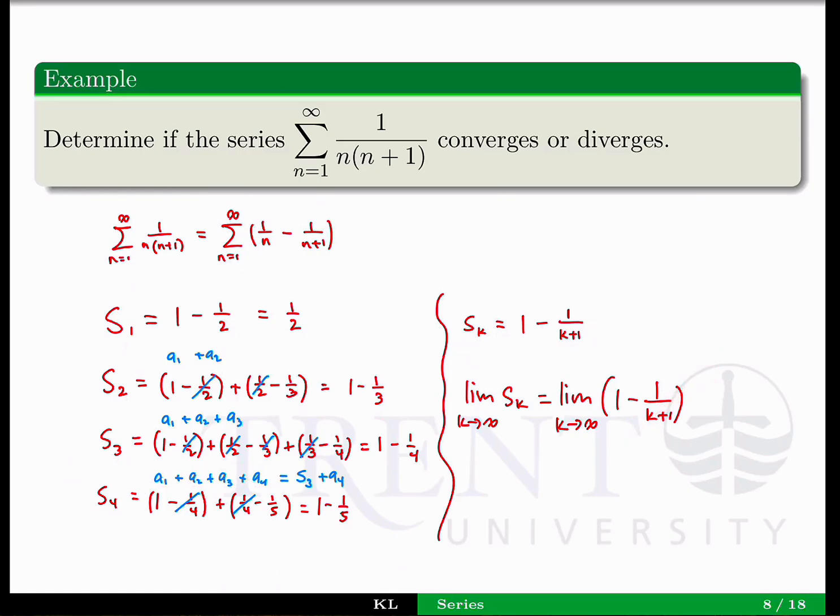So the limit will be equal to 1. Therefore, we can conclude that this series here, the sum of 1 over n times n plus 1, running from 1 up to plus infinity, is equal to 1. So we can conclude that this series here is convergent.